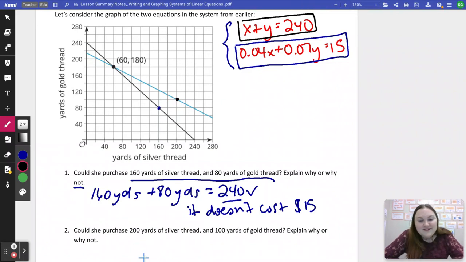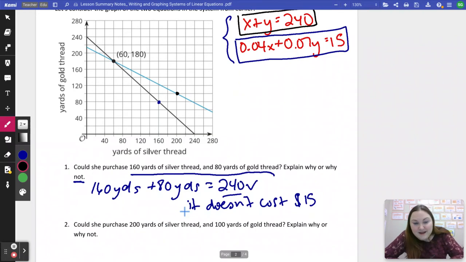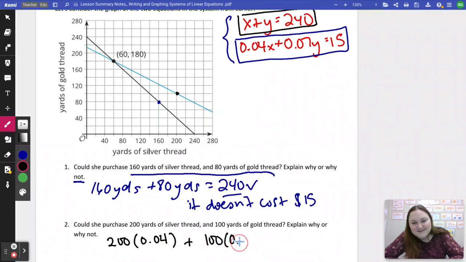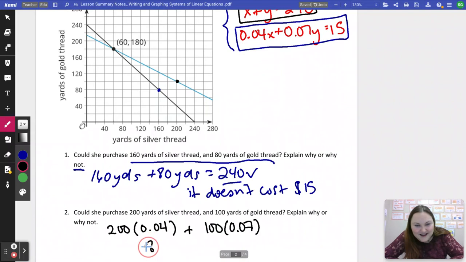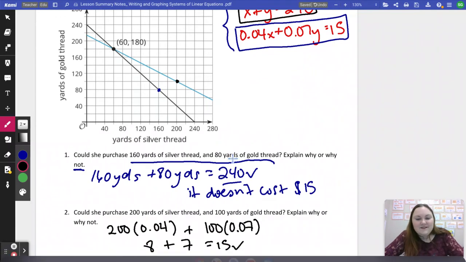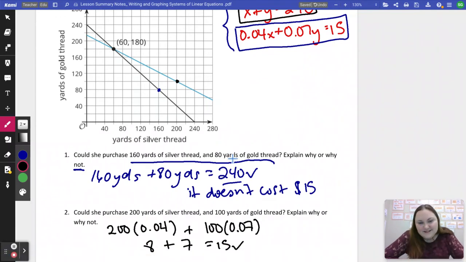That combination of silver and gold thread would meet that $15. We could even do the math. If you take 200 yards of silver times 4 cents a yard, and 100 yards of gold thread times 7 cents a yard, 200 yards times 4 cents a yard is going to work out to be $8. 100 yards at 7 cents a yard is going to be $7, and that does equal 15. So it would equal the $15 she has to spend.